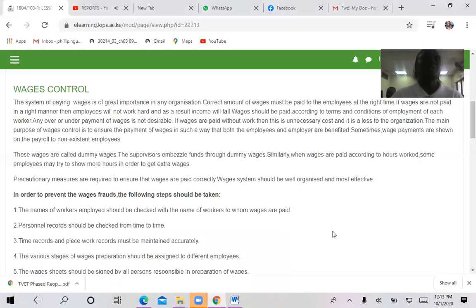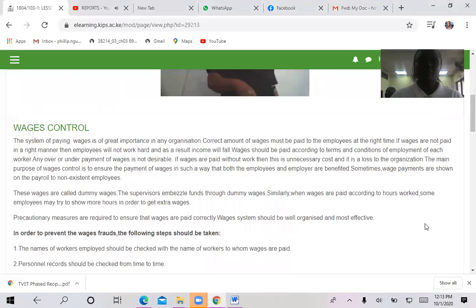The system of paying wages is of importance to any organization. So the correct amount of wages must be paid to the employees at the right time. If wages are not paid at the right time or in the right manner, then employees will not work hard, and as a result, income will fall.